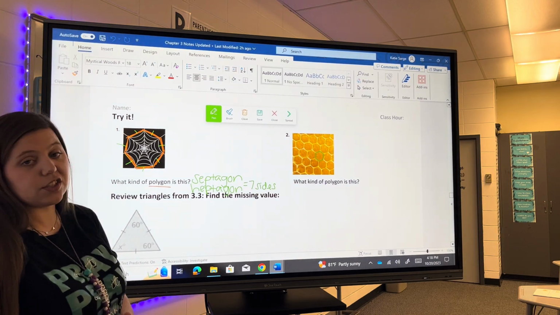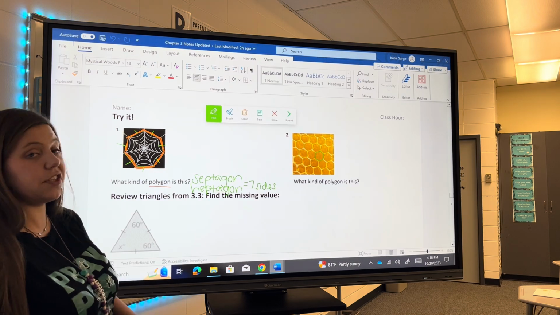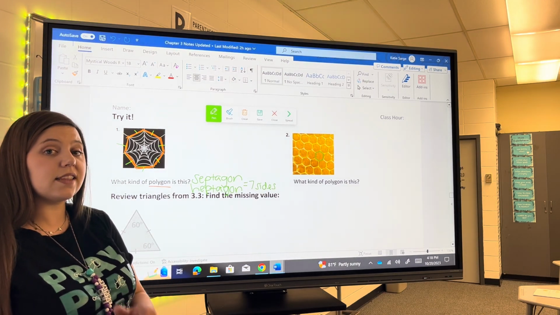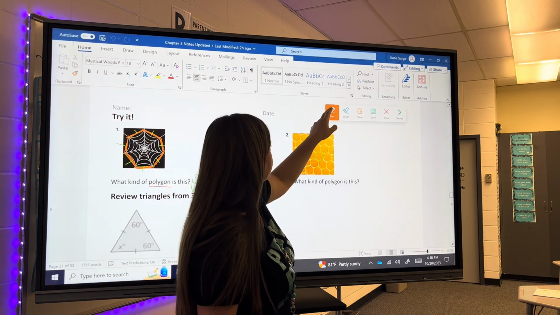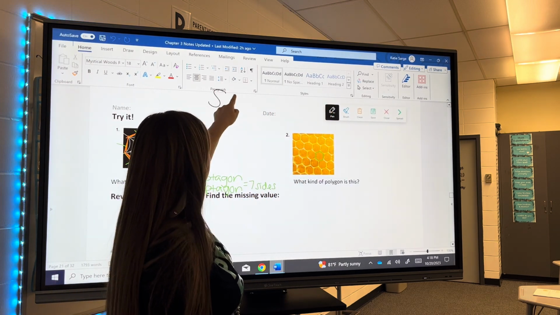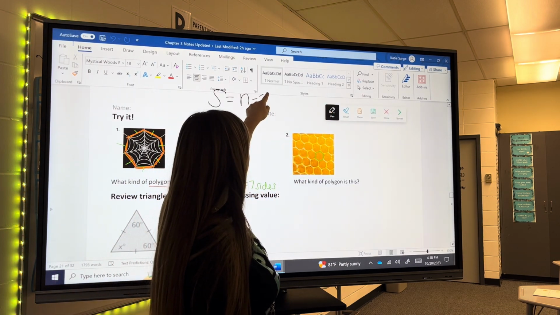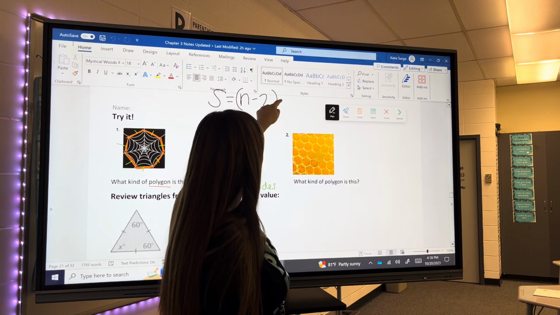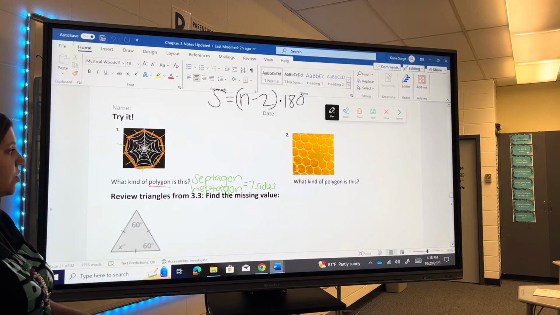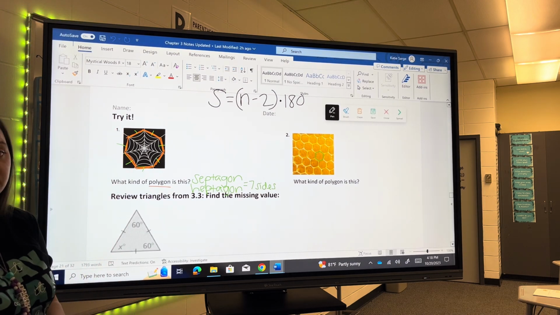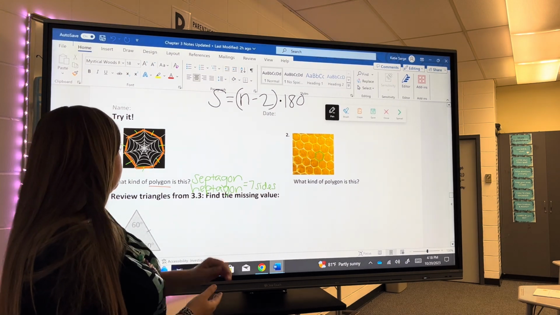But now what we need to do is find the sum of the interior angle measures using that equation. So the equation, if you want to write it at the top, is S equals n minus 2 times 180. So we're just going to use that to find the interior angle measures, okay?